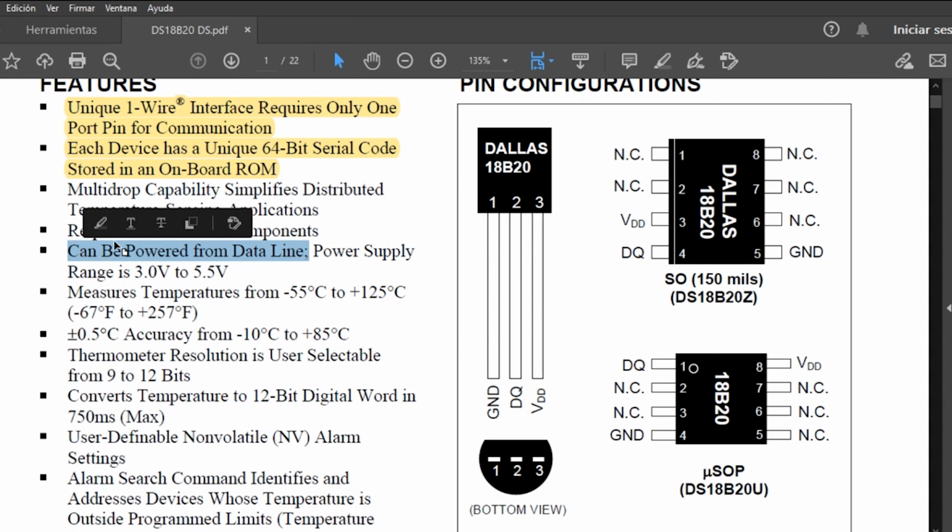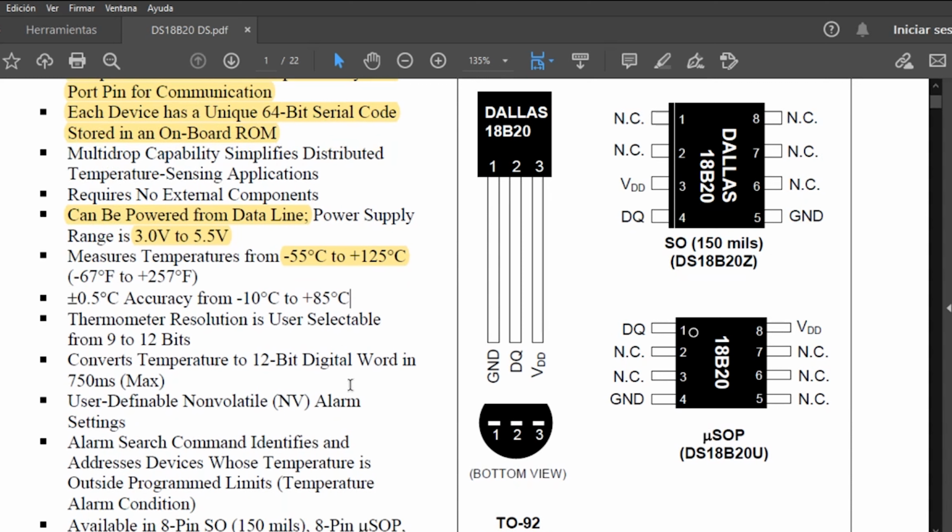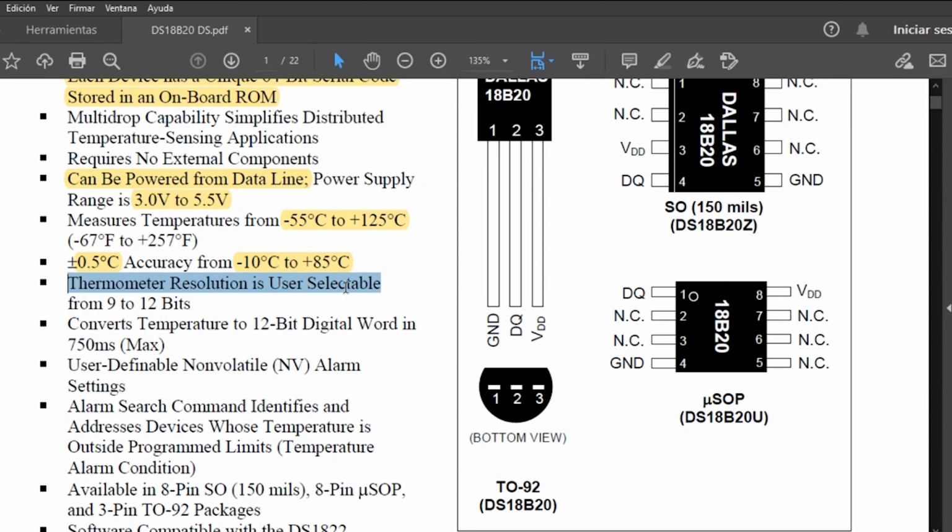Now let's take a look at the temperature sensor we're going to use, which is the DS18B20. This sensor can be powered from 3 volts to 5.5 volts and can measure temperatures from minus 55 degrees Celsius to 125 degrees Celsius, which is a good range for most applications. It has an accuracy of plus or minus 0.5 degrees Celsius, and the resolution is user selectable from 9 to 12 bits.